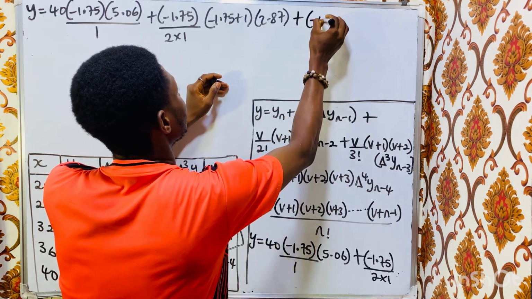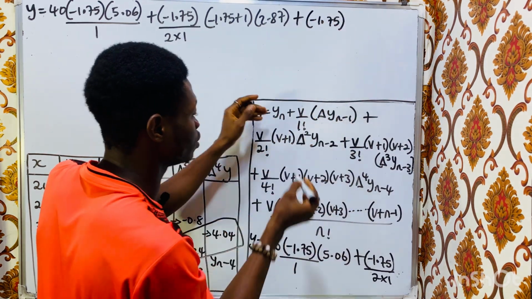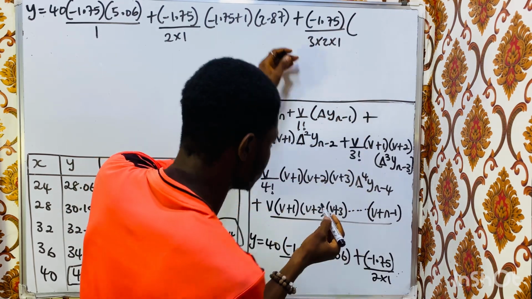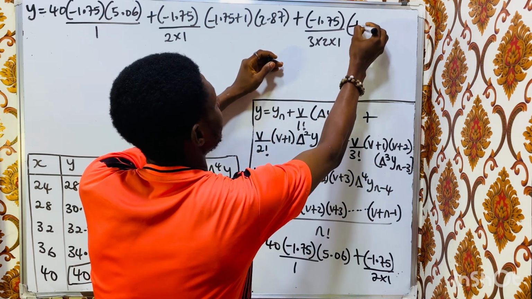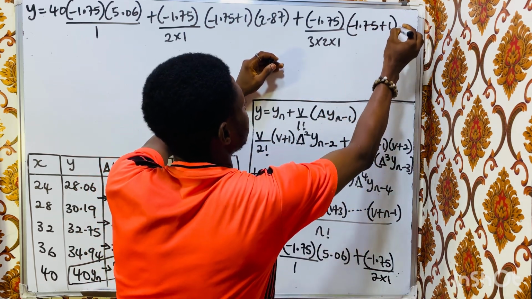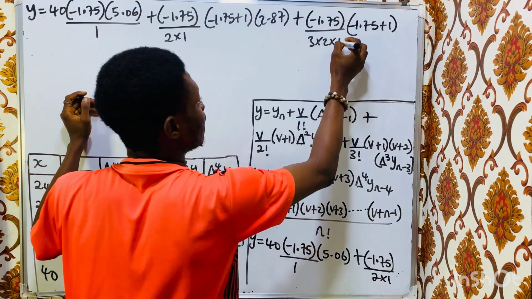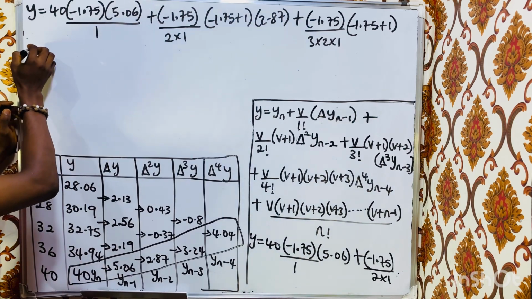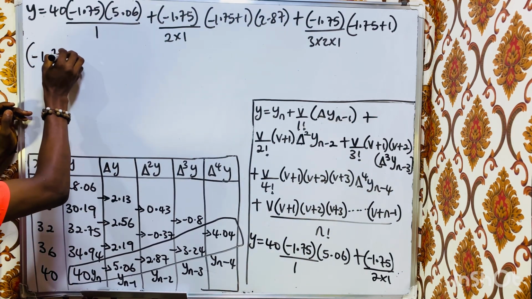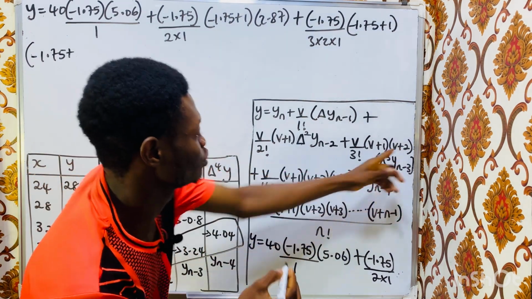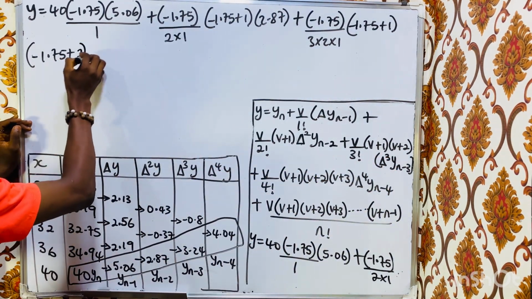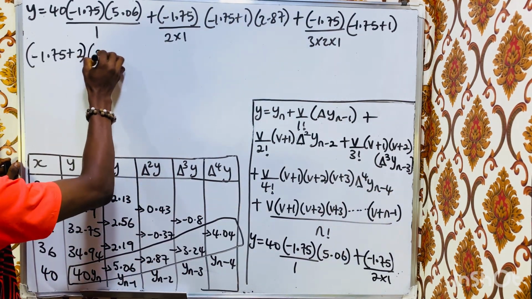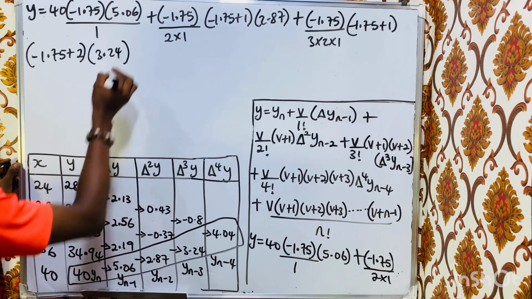then plus v, which is negative 1.75, then over 3 factorial, which is 3 times 2 times 1, then v plus 1, which is negative 1.75 plus 1, then still do it again. Okay, let me write it here. Negative 1.75, this one is now plus 2, then the third difference, which is this, then times 3.24, right?